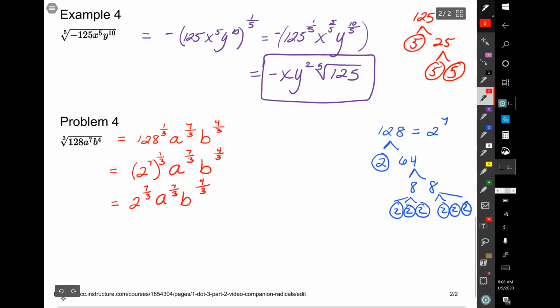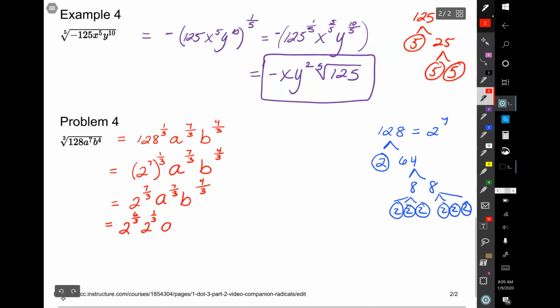Now this 2 to the 7th to the 1/3 power becomes 2 to the 7/3, a to the 7/3, b to the 4/3. So I'm going to split this apart so that I break down my exponent to be things that go in evenly without a remainder. So this 2 to the 7/3 could be rewritten as 2 to the 6/3, so I'm just getting a multiple in the top, times 2 to the 1/3.